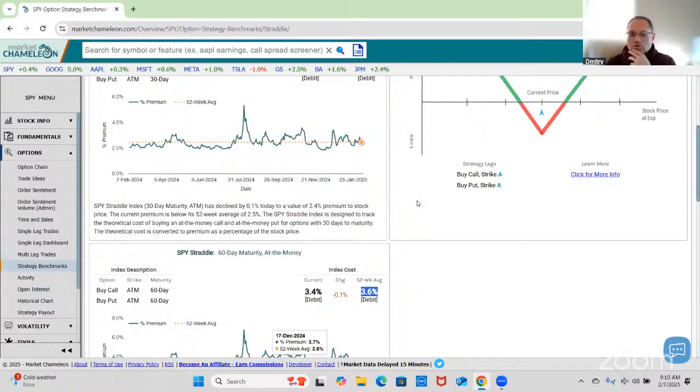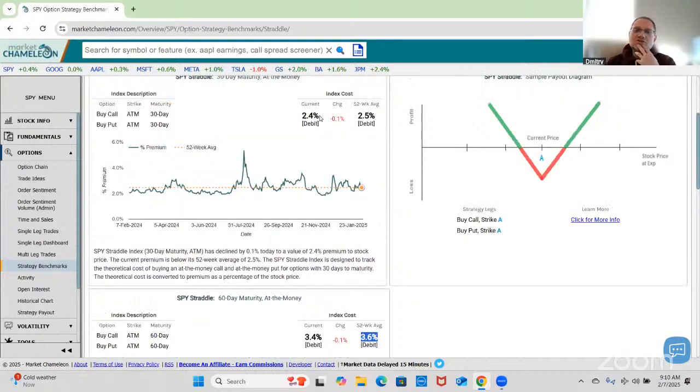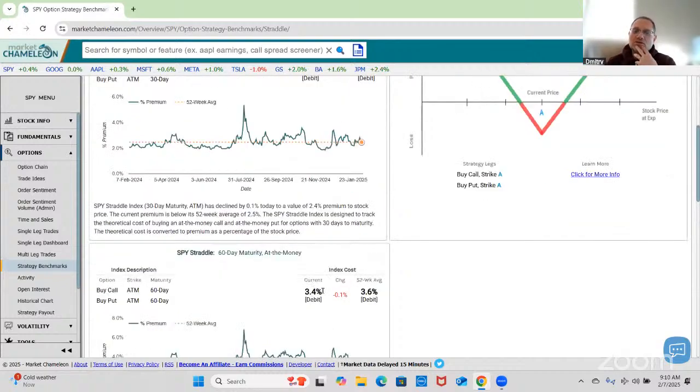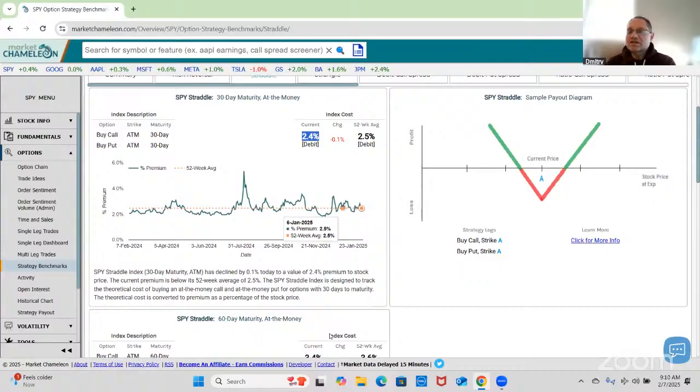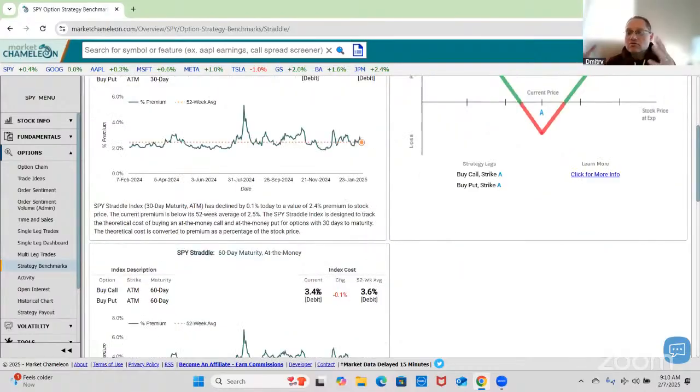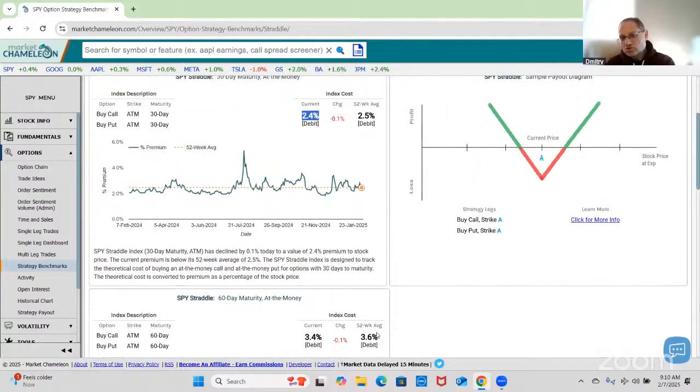But we also see what it would cost us to go from a 30-day to a 60-day, right? 1% more. So to move from a 30-day straddle to a 60-day, we're looking at a 1% more in cost, 1% premium, which from historical perspective, it's about a 1.6.